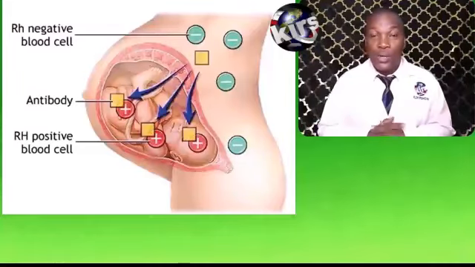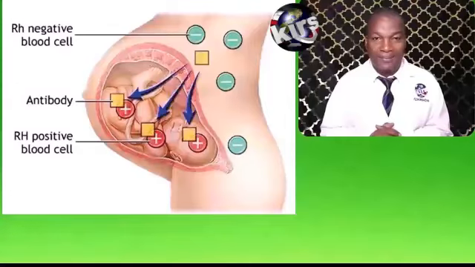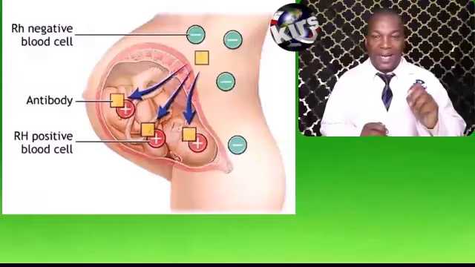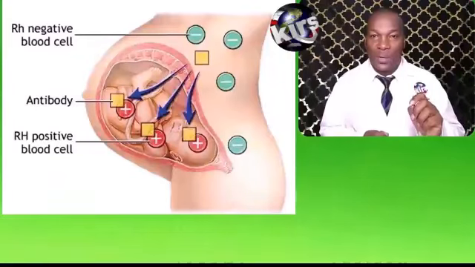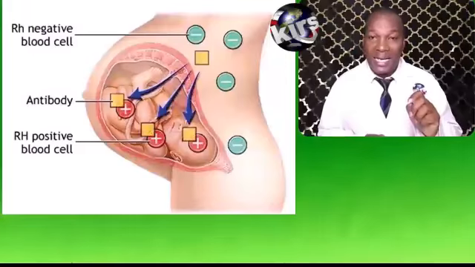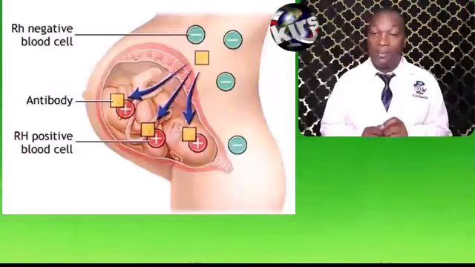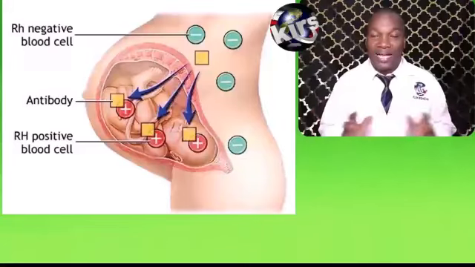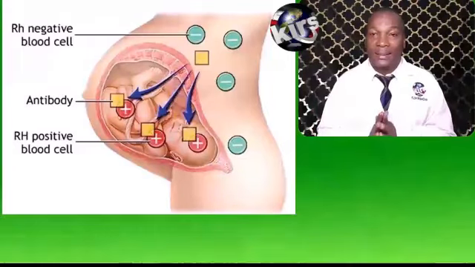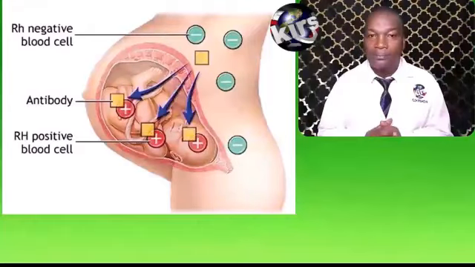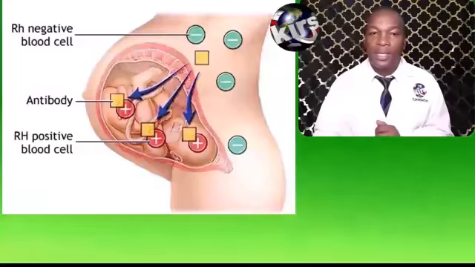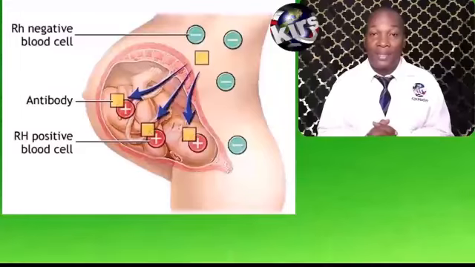This is because with the first pregnancy, the immune system of the mother, who has rhesus negative blood, has not yet sensitized to treat even the babies as foreign. But this condition can be treated if known earlier.